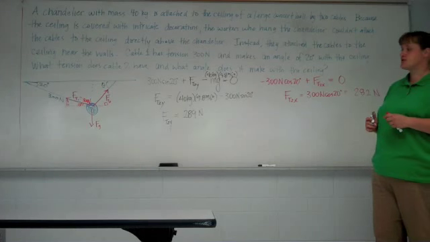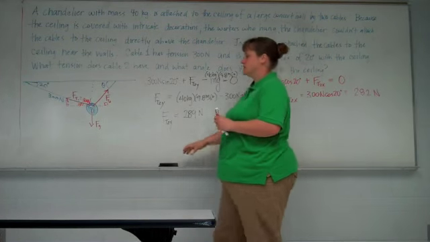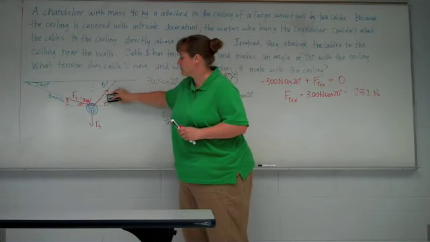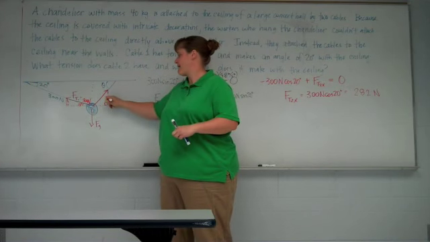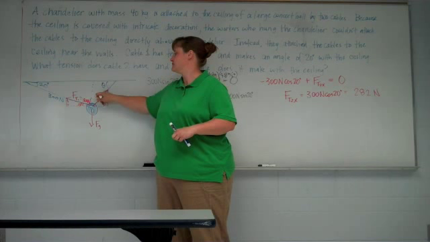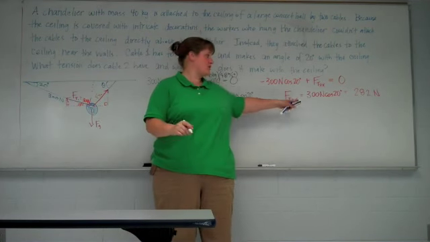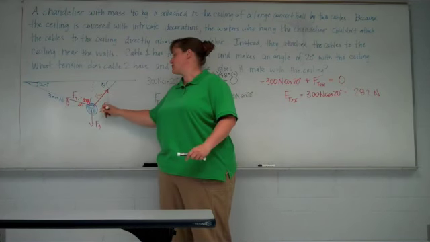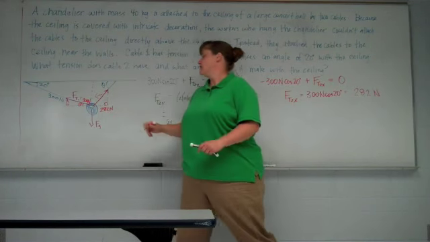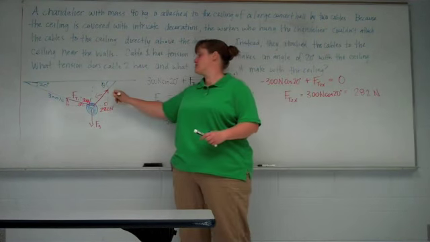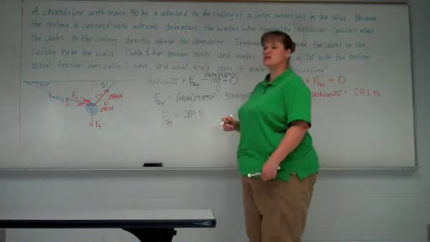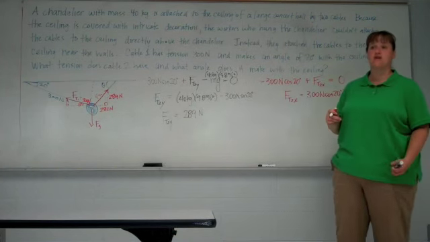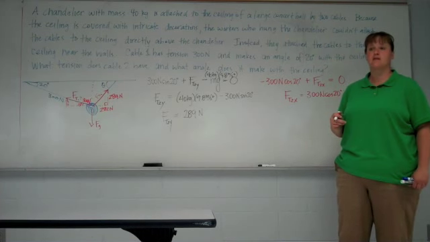So force of tension 2. Let me move my force of tension 2 label. The x component we found to be 282 newtons. The y component we just found to be 289 newtons. So we certainly can find the hypotenuse, which will be the overall tension in the cable.